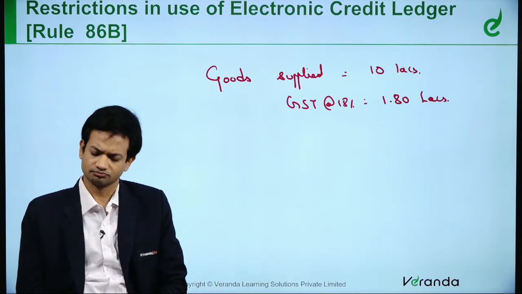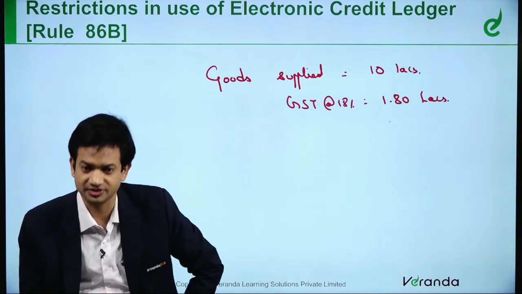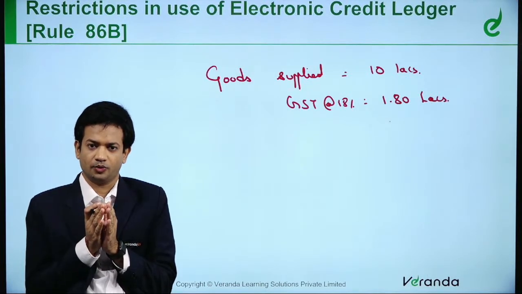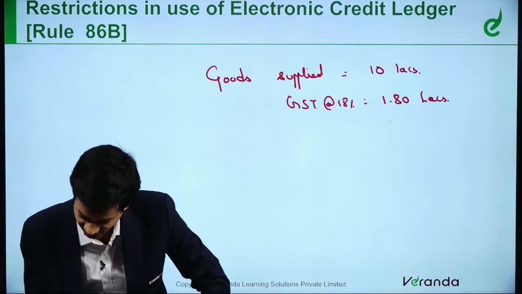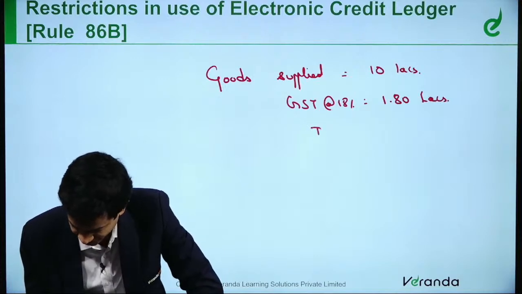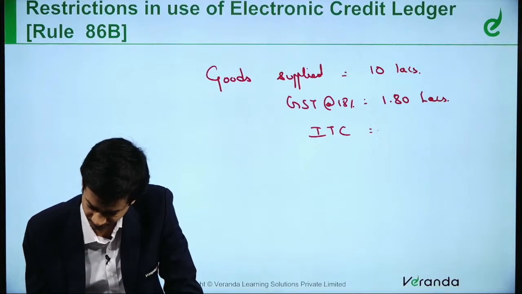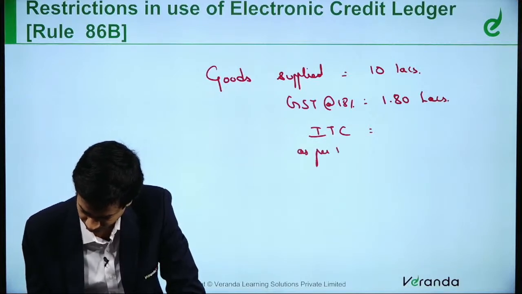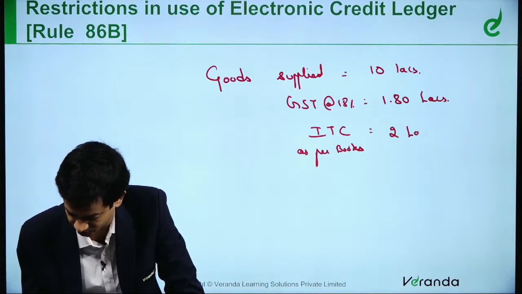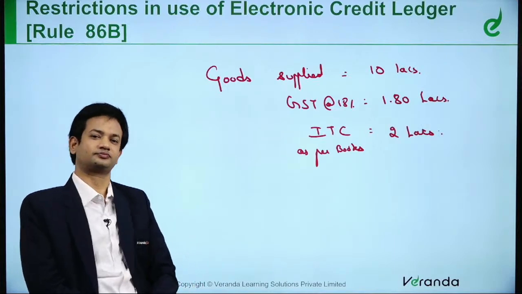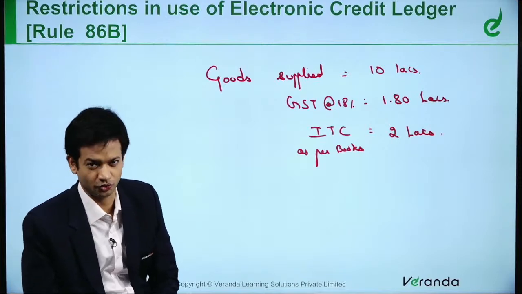Now, here see what the lawmakers have told here is, let's say as an example, let me take ITC also. Let's say I already have ITC of, let's say, 2 lakhs.